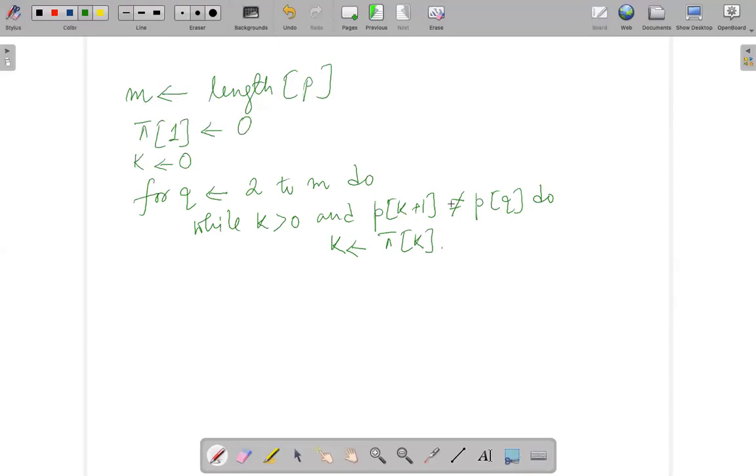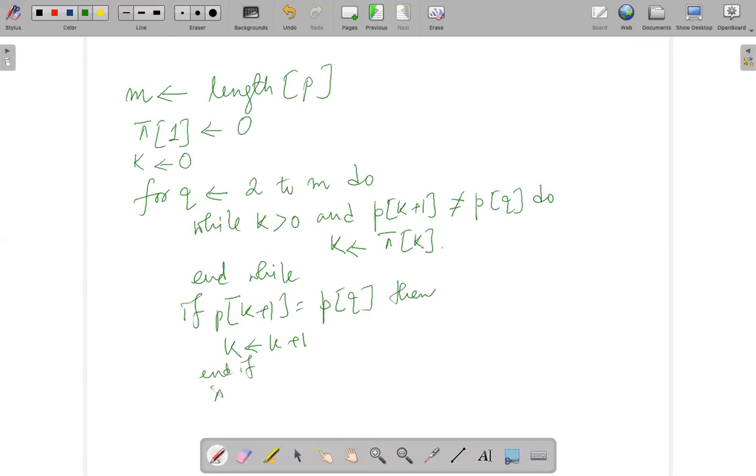End while. If p k plus 1 is equal to p q, then k equals k plus 1, end if. And then finally pi q is the current value of k, end for. And then finally you return pi.